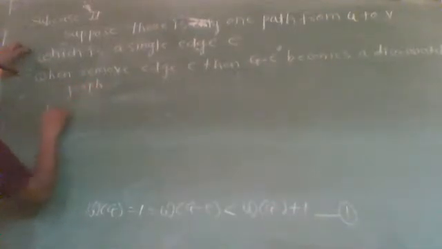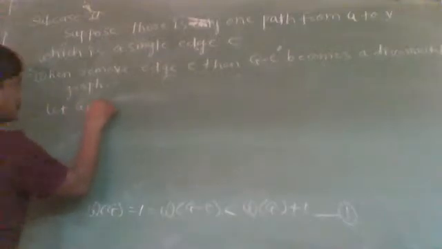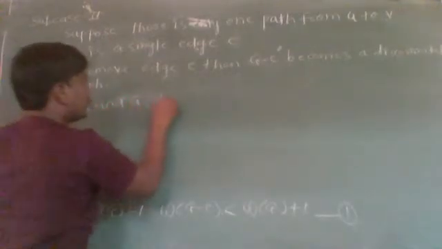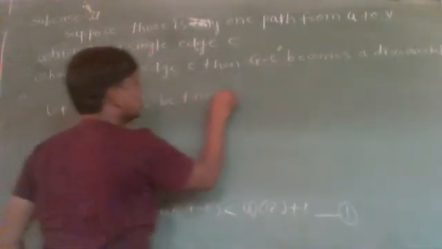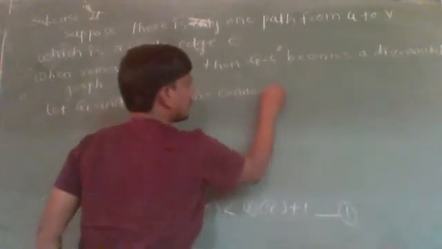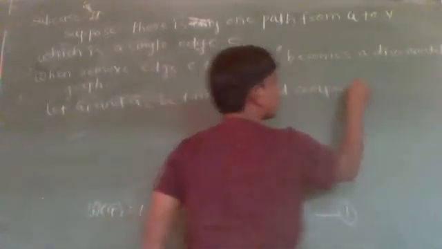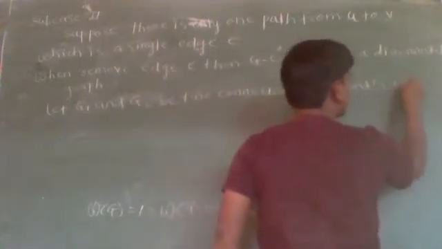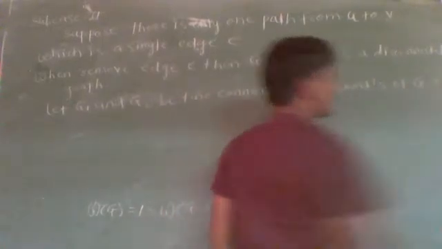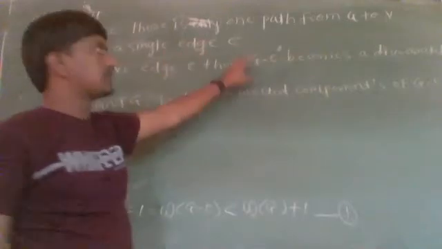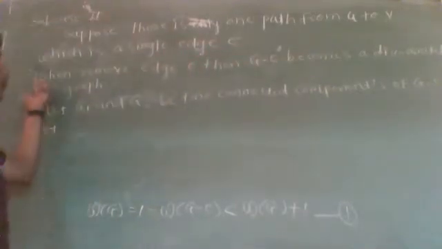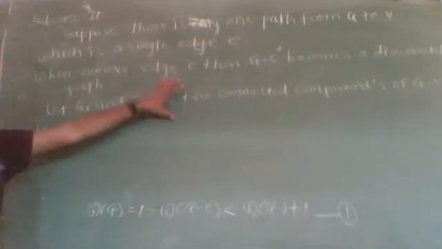Let G1 and G2 be two connected components of G minus E. When we remove an edge E from graph G, G minus E becomes a disconnected graph. Then vertex U belongs to one component and vertex V belongs to another component.